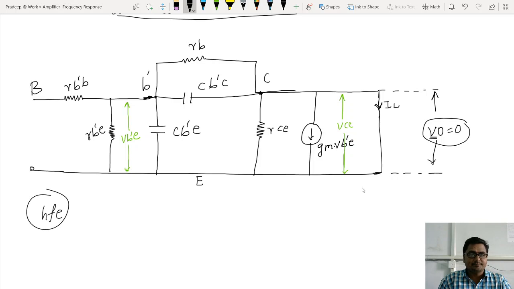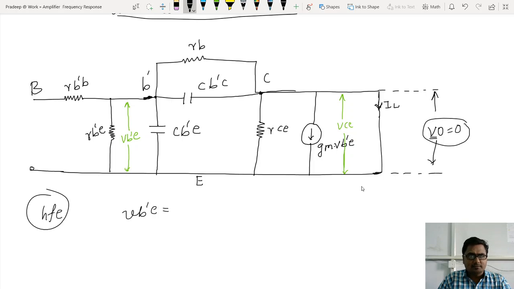Now, in the circuit that I have drawn at higher frequencies, what is the equation for VB'E? Just check it out. VB'E is the base to emitter voltage.